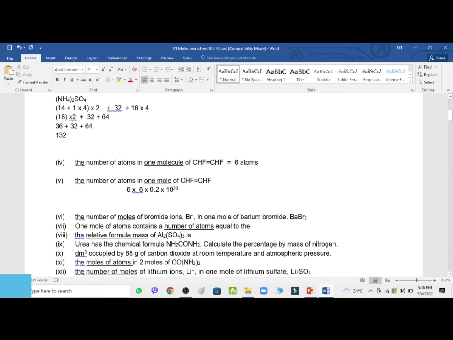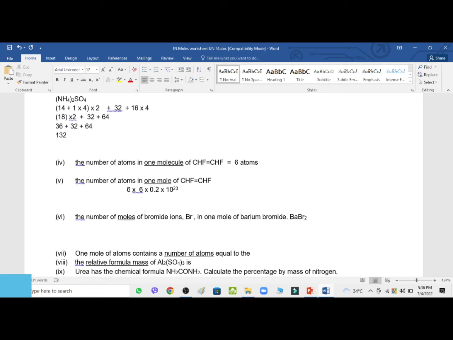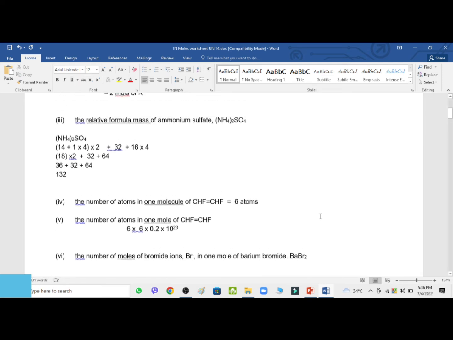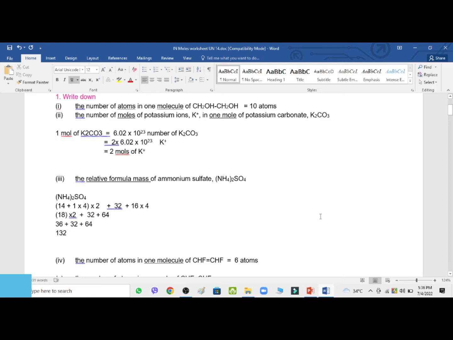And the next: the number of moles of bromide ions in 1 mole of barium bromide. This is like the question we calculated with potassium bromide. 1 mole means this number, right? And in this number, the bromide is double because of the formula.